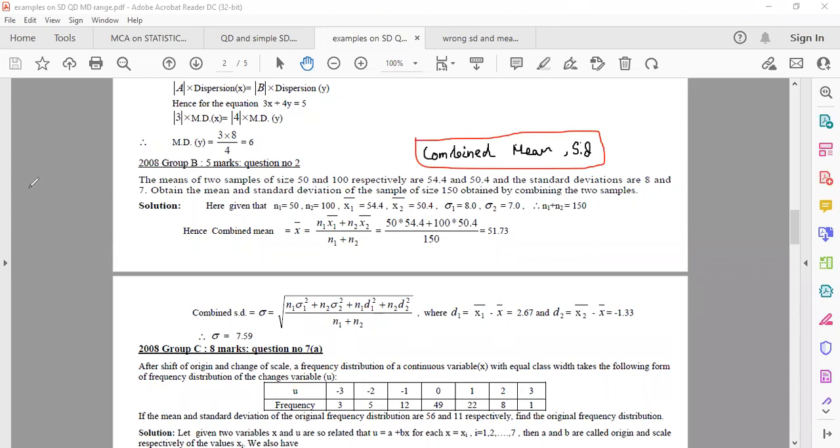There is sample 1, and there is another data set, sample 2. Sample 1's number of items is n1.